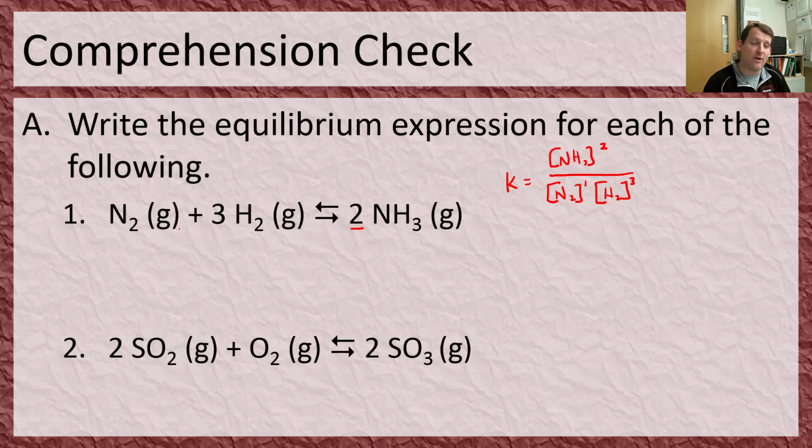Now because they're all gases, these can also be written as partial pressures. So you can get a separate K called K sub P, which would be the partial pressure. It's going to follow the same thing: the partial pressure of NH3 divided by the partial pressure of N2 and the partial pressure of H2.